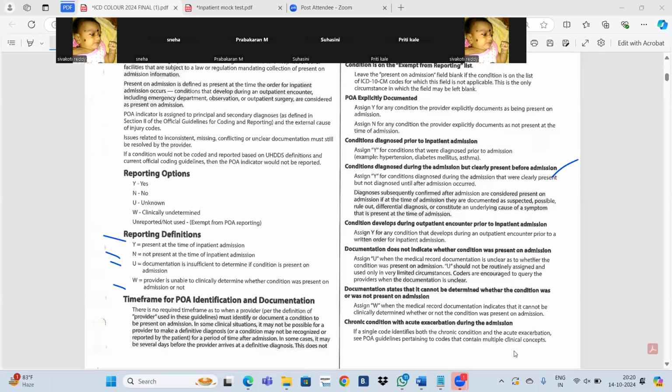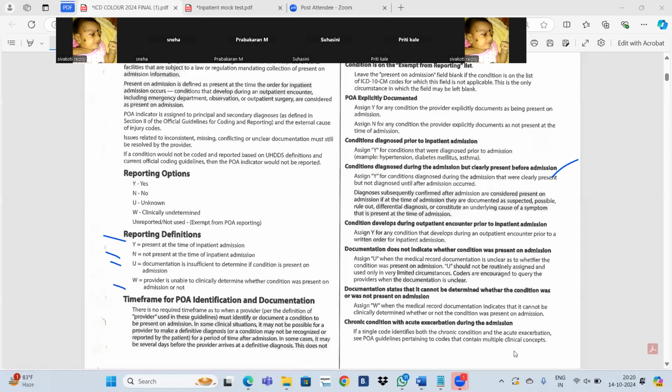The condition must be developed in the hospital, not revealed. With a motor vehicle accident or multiple injuries, they can't do all the diagnostic tests at the time of admission. After admission they order multiple diagnostic tests and get the results, but the condition was clearly present at the time of admission; it just took time to reveal.